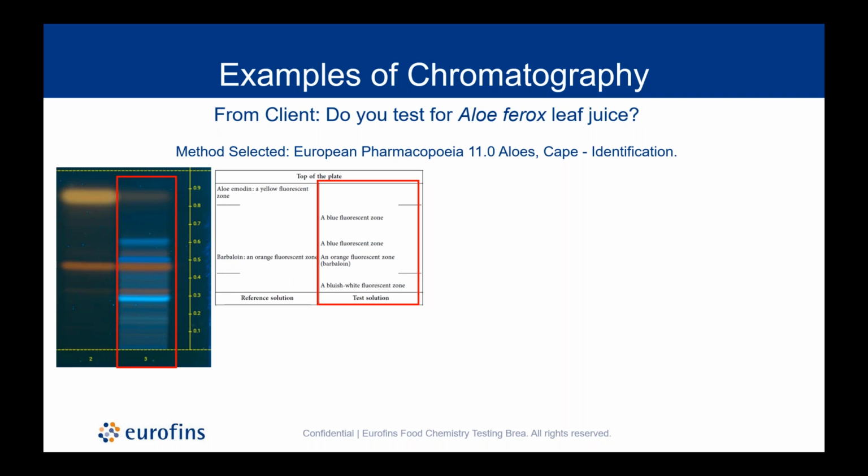In the lower portion of the chromatogram, there's a bluish white fluorescent zone, which we're seeing at just under 0.3 RF value on that plate. Additionally, in the acceptance criteria, there is a statement in this particular monograph that additional weaker bands may be present in this test solution. And so if you're wondering why there's only 4 bands on the acceptance criteria, but there's a few extra bands in the sample, that is accounted for in the acceptance criteria of the method.